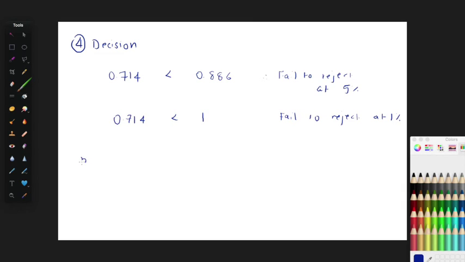Okay, and then our conclusion, because we failed to reject H0, we are saying that there is no relation between the ranking of group 1 and group 2 at both the 1% and 5% significance level.